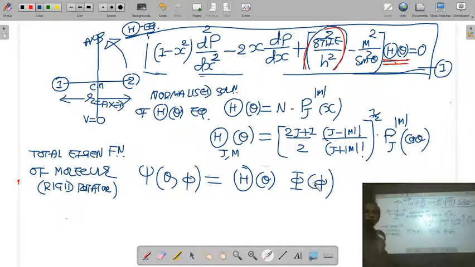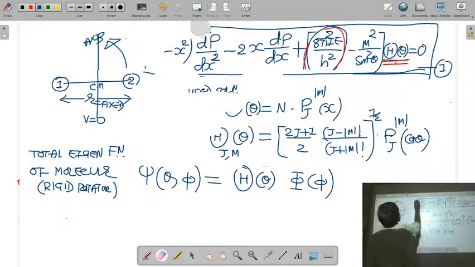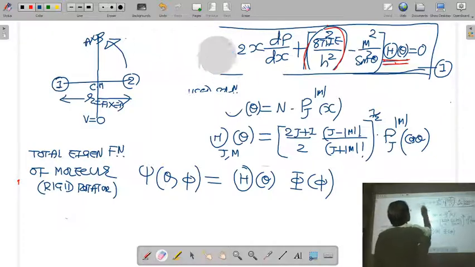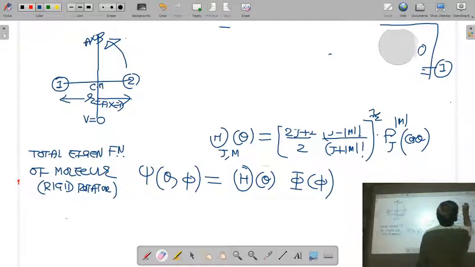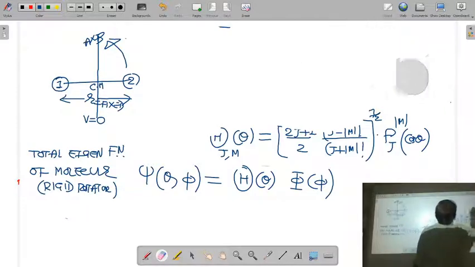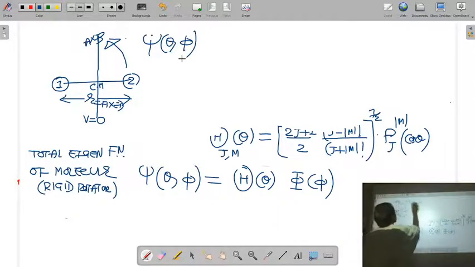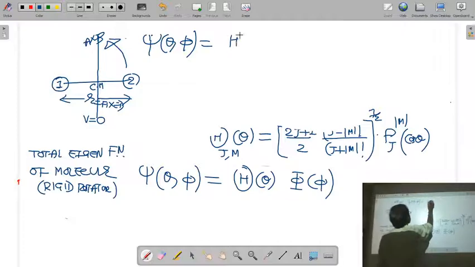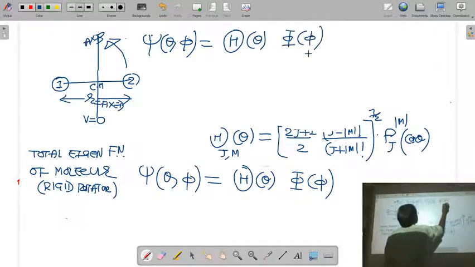So we substitute those two solutions into psi, and we get the total eigenfunction of the molecule. I put both the solutions here.